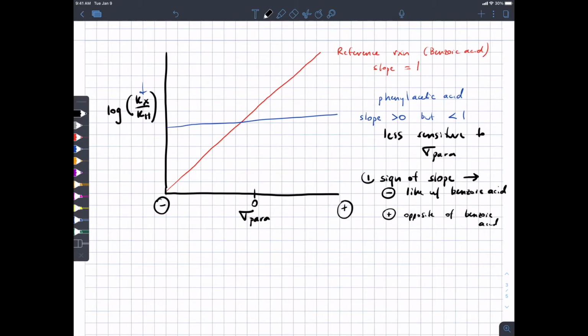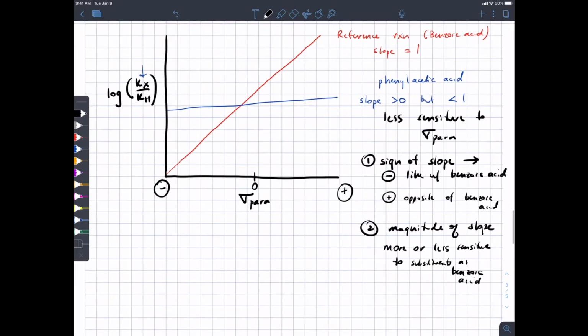So that's the first thing. And then the second thing, you're going to look at the magnitude of the slope. Is your reaction more or less sensitive to substituents than the benzoic acid?